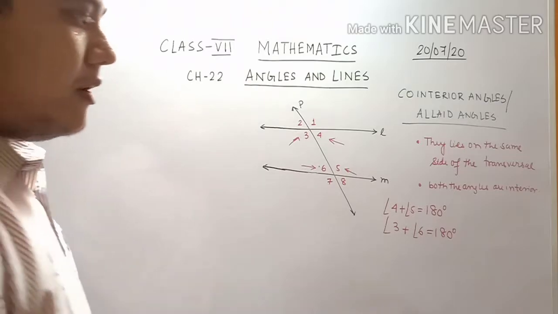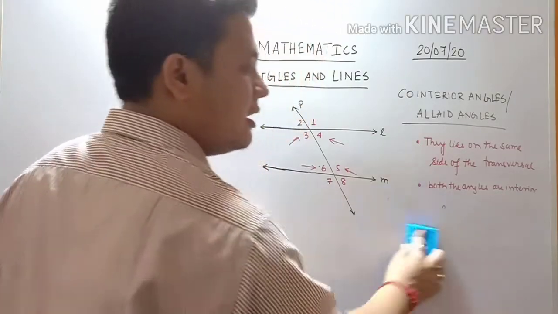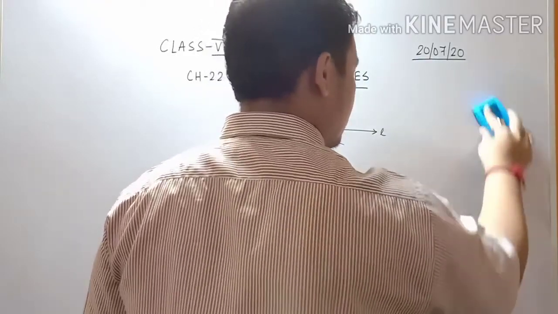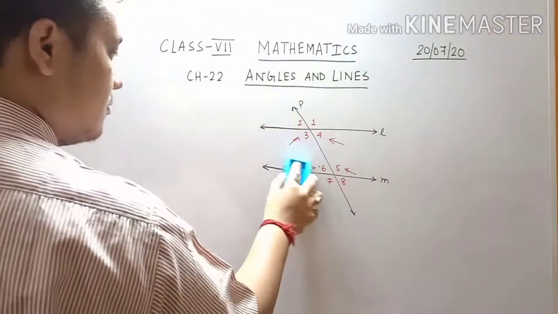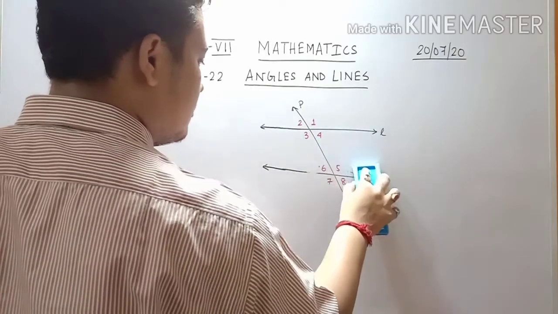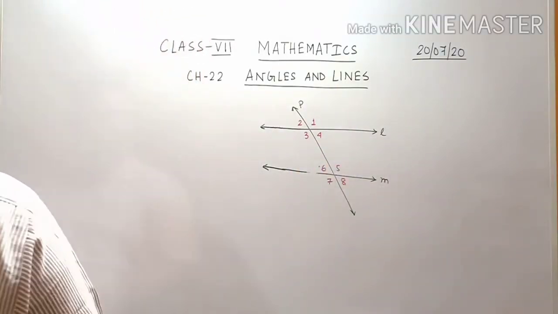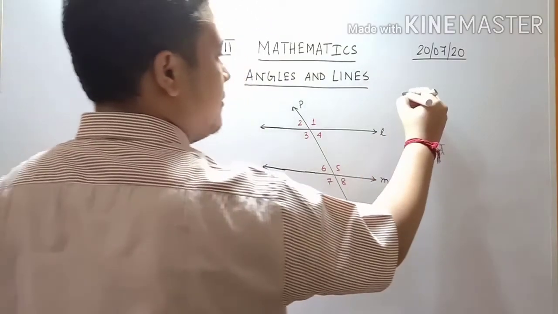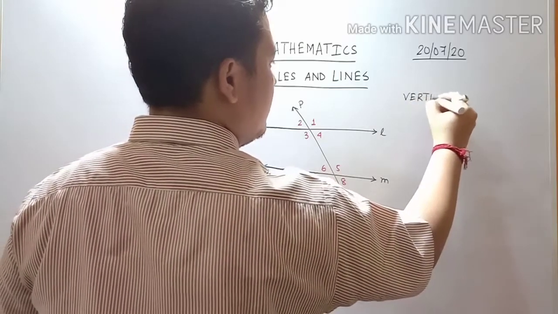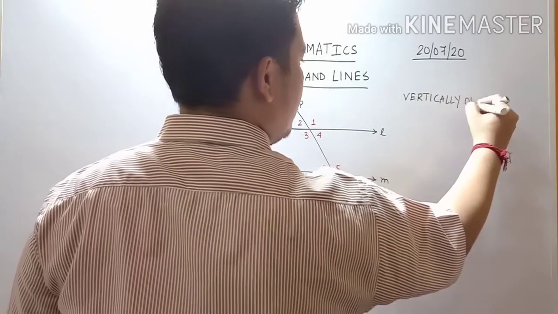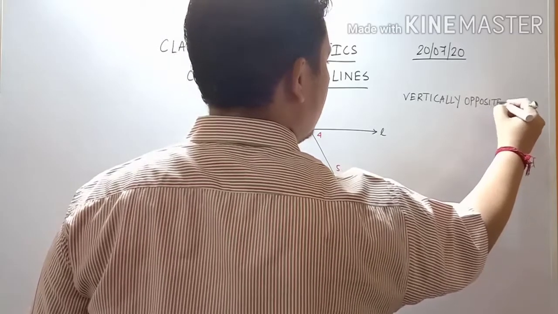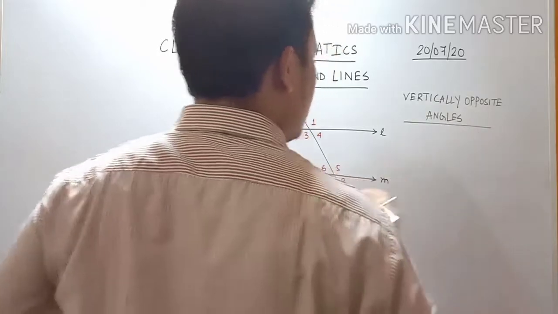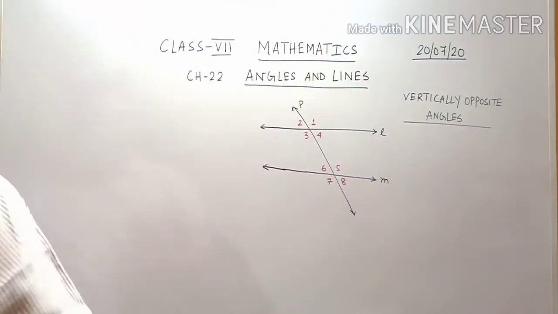Next we are coming to the last pair of angles, which is vertically opposite angles. What is the definition of it?